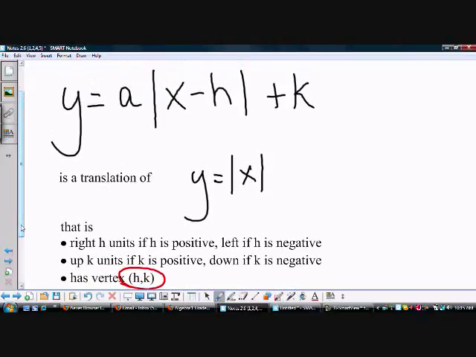We translate right if h is positive, left if h is negative. We translate up if k is positive, down if k is negative.